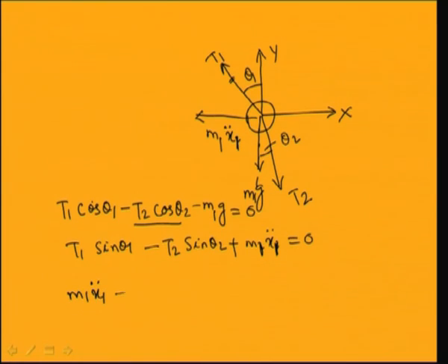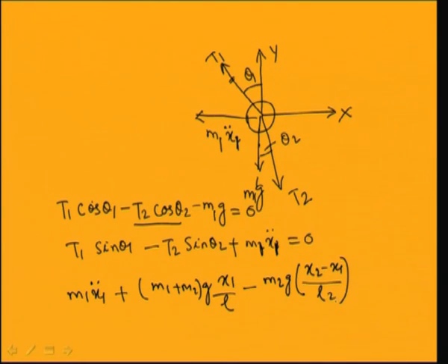For T1 already you know the expression equal to (m1 plus m2)g, and sin theta 1 equal to x1 by L, and minus for T2 you can write it is equal to m2g, and the sin theta 2 already you know, theta 2 equal to (x2 minus x1) by L2, into m2g.